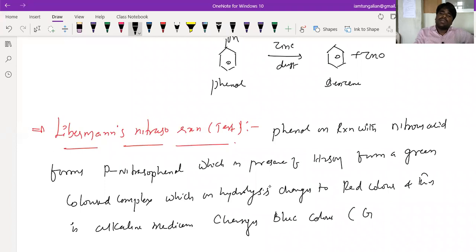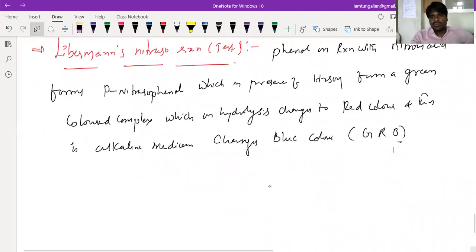The color change will be green, red, blue. So this particular test is called the Liebermann nitroso test.